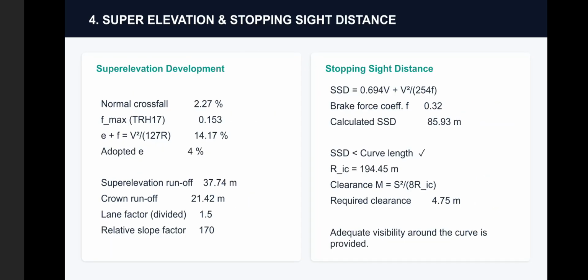For the super elevation development, we calculated the normal crossfall as 2.27% based on the lane width and the elevations provided from the drawings.